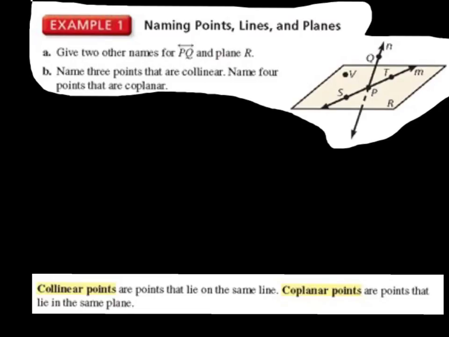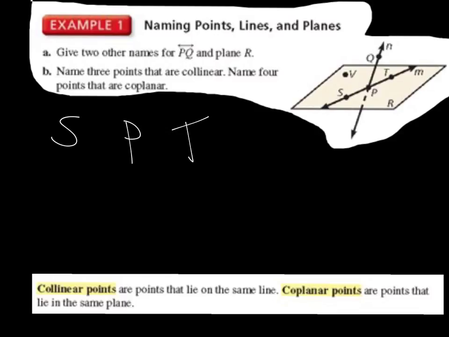So let's go back to B. It says name 3 points that are collinear. Name 4 points that are coplanar. So name 3 points that are collinear. I would look at this and I would say that 3 points that are collinear would definitely be S, P, and T. Those would all be collinear because they're on the same line.